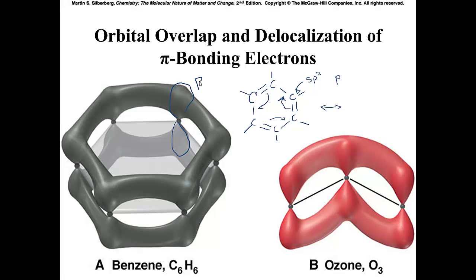So this is the unhybridized p orbital. And so it can overlap side to side with not just the p orbital on this carbon, but with the p orbital on this carbon. And in fact, you get side to side overlap all the way around this molecule. So there's overlap on the top and the bottom. And so that makes a series of pi bonds across this whole molecule.